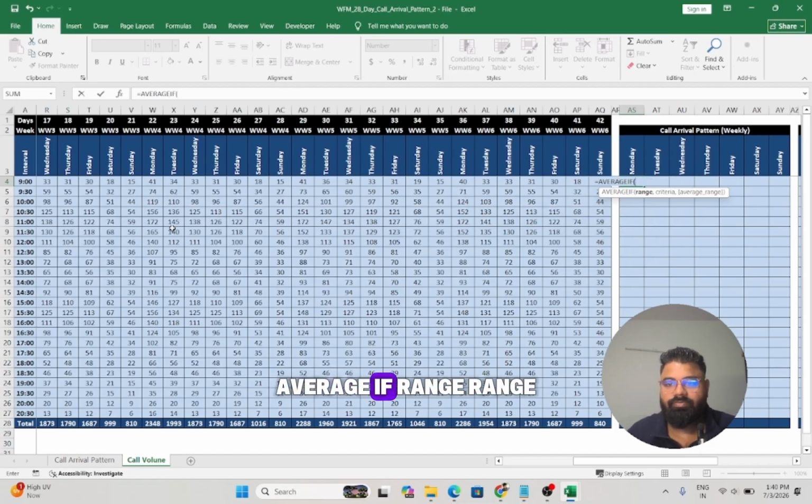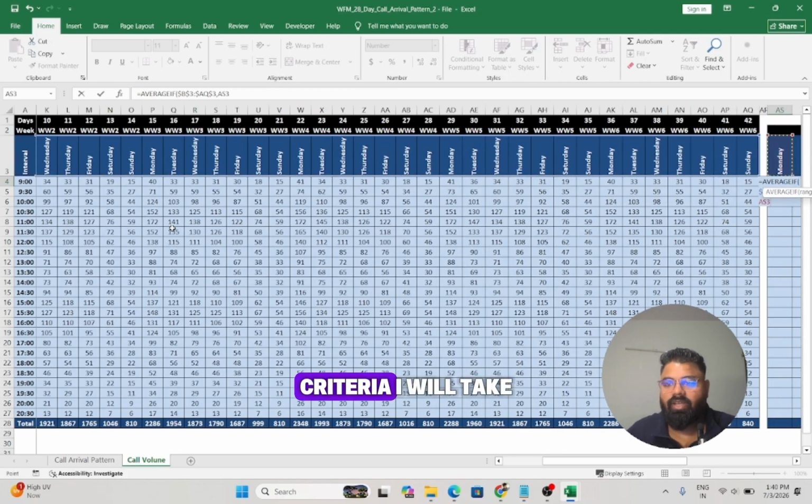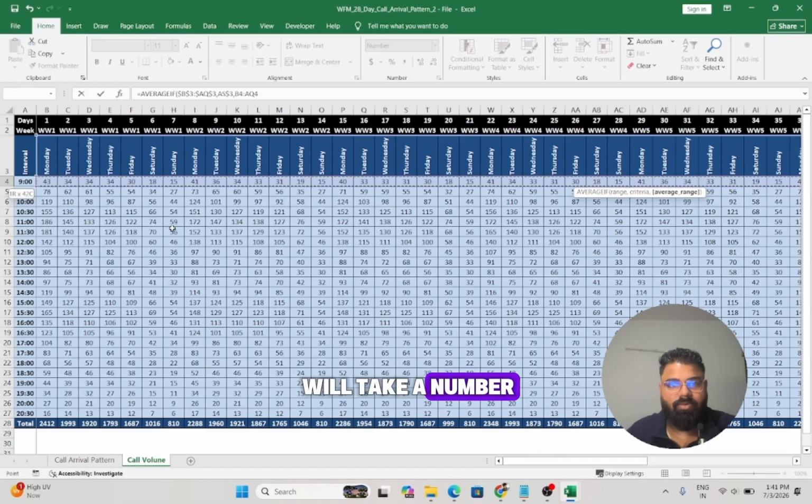Average if range, range I will select days. Criteria I will take Monday as criteria, and average range. So in average range I will take the number of volume we receive.